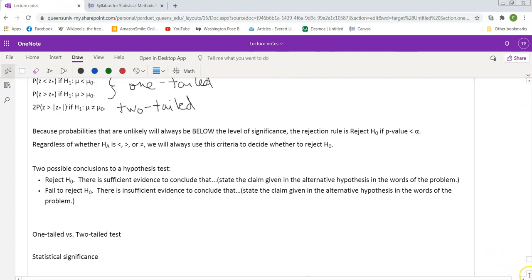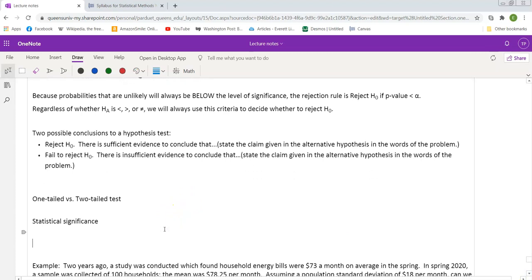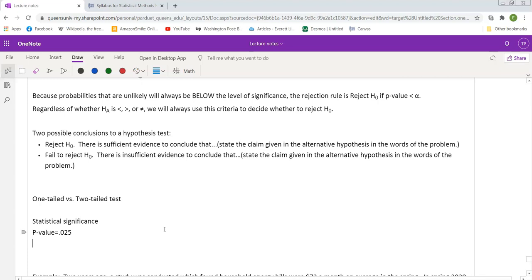I'll also mention there's another way that you can use the language there. Suppose you have a p-value of 0.025. It is correct to say that the test is significant at the 0.1 level.